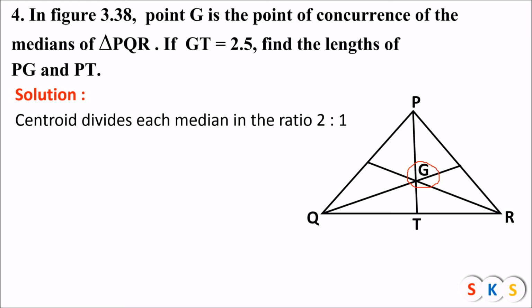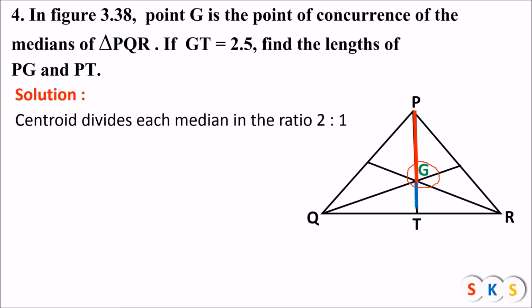In this figure G divides PT in two parts. The first part is PG and the second part is GT, and you can see that PG is bigger than GT. So the ratio of PG and GT is 2:1.